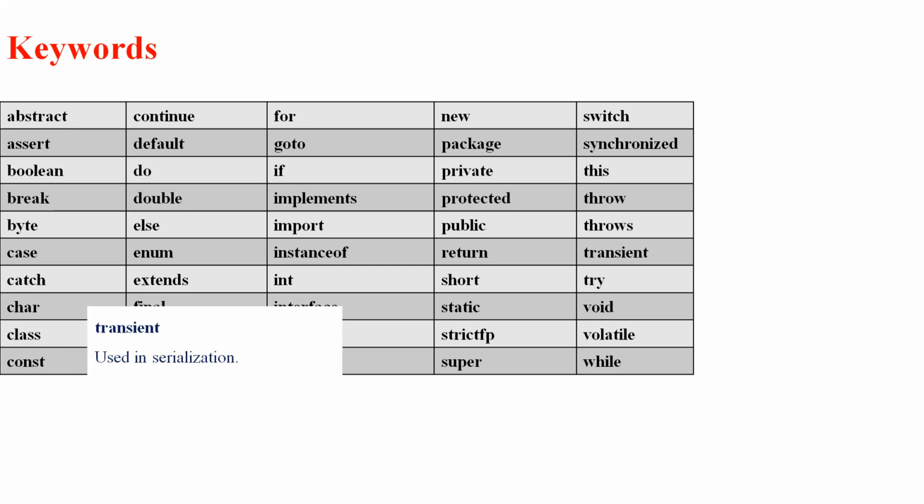So next we have transient. This transient is a non-access modifier which is used for serialization purposes.